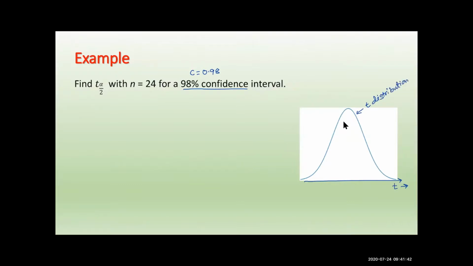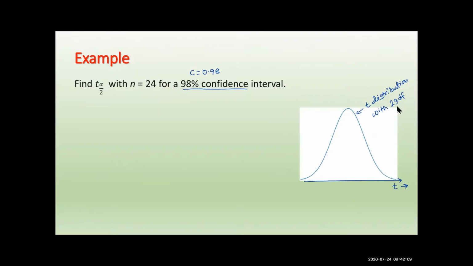One thing you have to check here, whenever you're talking about the T distribution, you look at the value of N. Here, N equal to 24. So if we subtract 1 from 24, 24 minus 1 is 23. So this is with 23 degrees of freedom. So we need something called the degree of freedom when we talk about the T distribution.